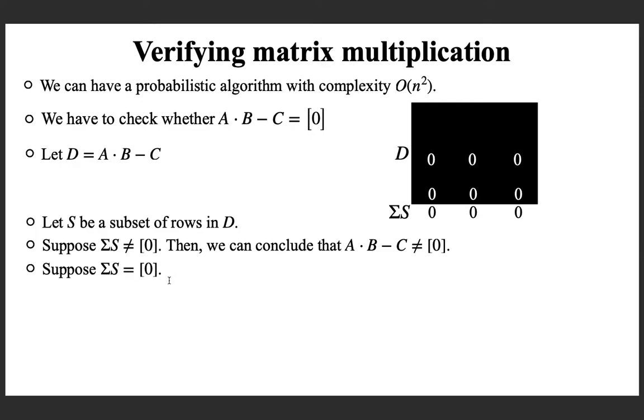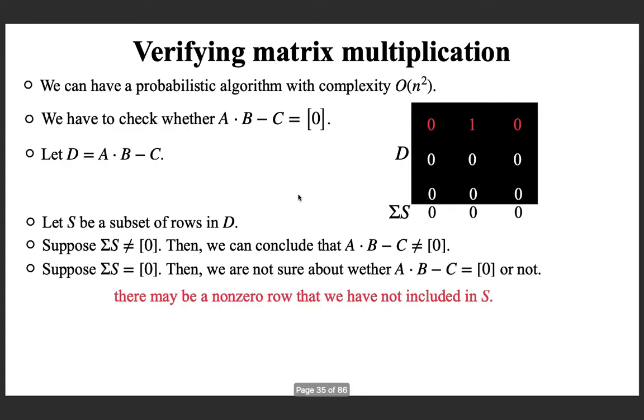But suppose the sum is 0, say you are selecting 2 rows, finding the sum, observing it as 0 at every position in the row matrix, then can you conclude that C is the product of A and B? No, you cannot. Why? Because there may be a non-zero row like this, which we are not including in the subset.